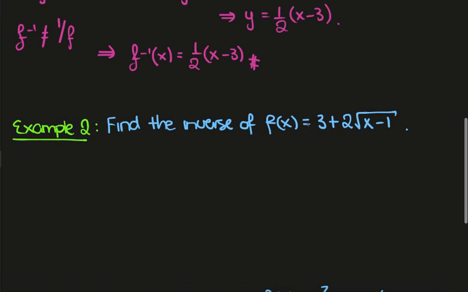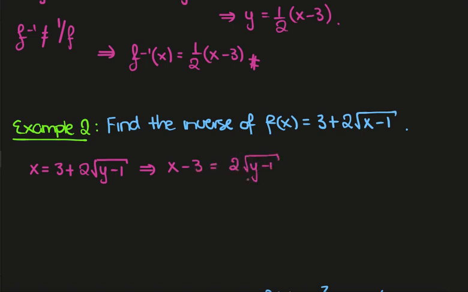So here we have y is equal to 3 plus 2 times the square root of x minus 1. So what we're going to do is we're going to write x is equal to 3 plus 2 times the square root of y minus 1. Then we'll subtract 3 from both sides. Then divide by 2.